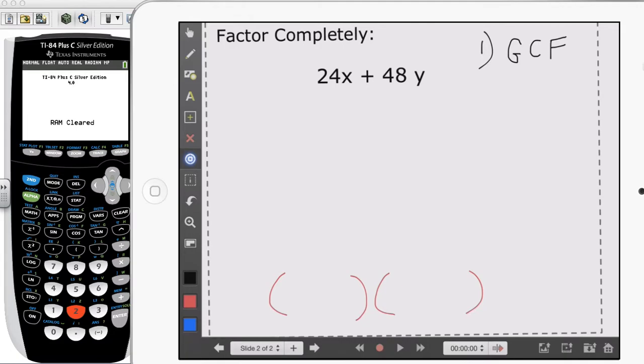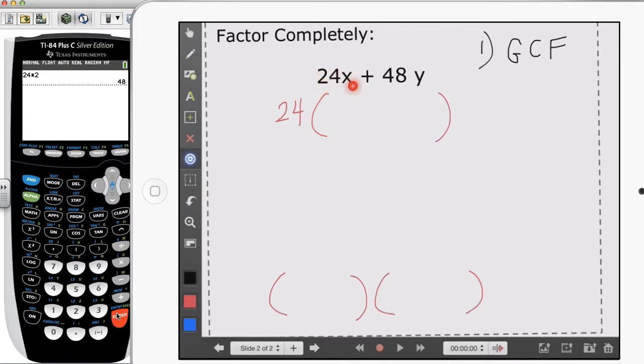But look guys, if you try to multiply 24 times 2, you're going to get 48. So then 48 is 24 times 2. So as you can see, I have a 24 in common. So I'm going to take 24 outside of the parentheses, take it as a common factor. So what's going to be left of 24x if you factor 24 out?